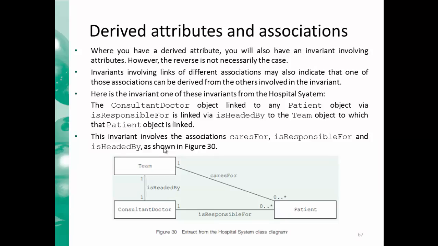Associations also can be derived from available associations. In this example and in this class diagram, we know that a team is headed by a consultant doctor, and a team, including all doctors in that team, cares for a patient. And in the system domain, it says that the consultant doctor is responsible for the patient.